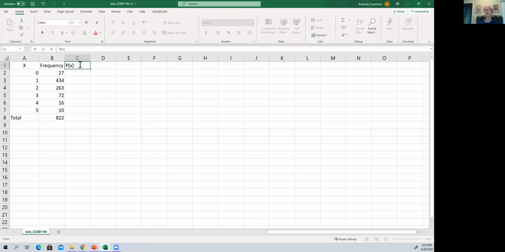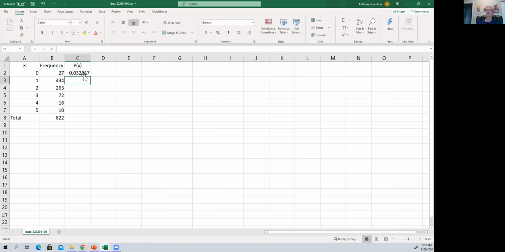Well, P of X is that probability, right? The probability would be, here's our total, and this is the occurrence of each. So basically you want to set that up for a probability. So it'd be equal to that number, which is 27, divided by the total, so I highlight that cell, and that would be 822.